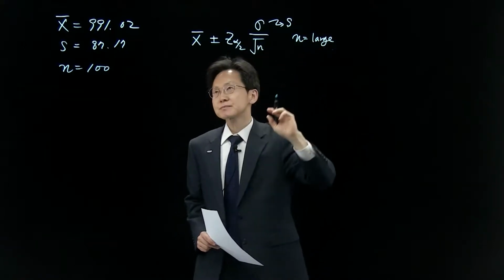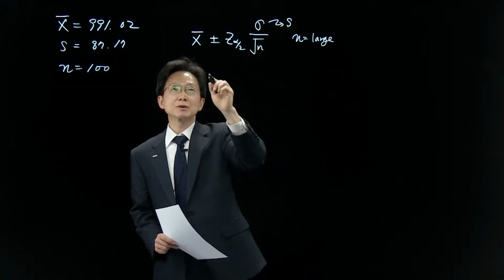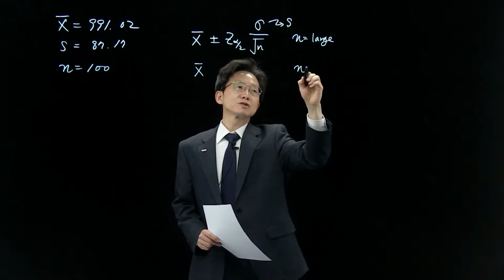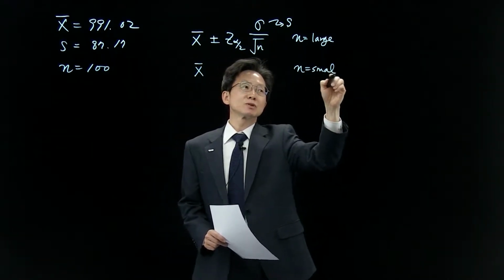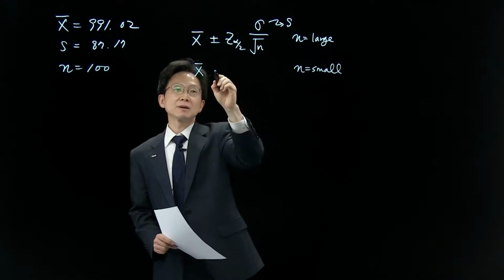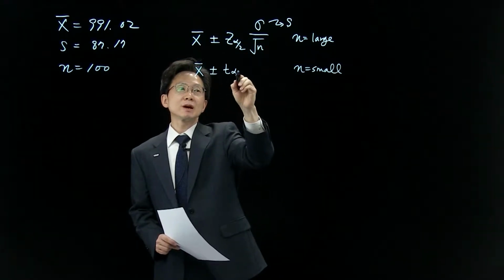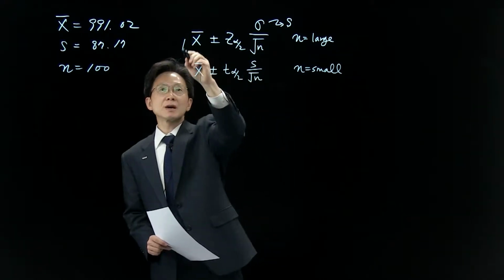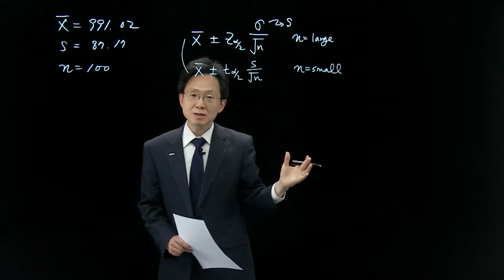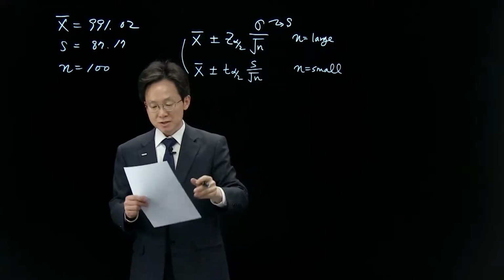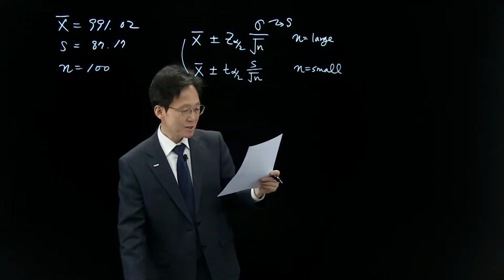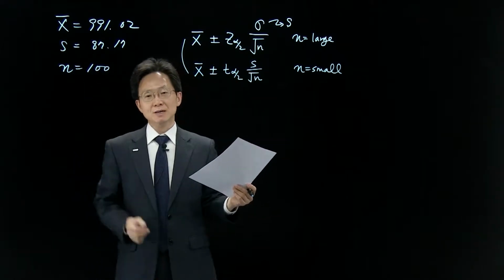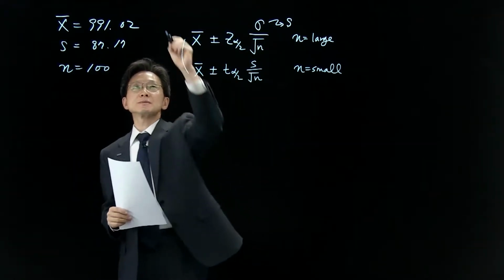That's okay. But the problem occurs when we have a very small sample size. In other words, n is not big enough. If that is the case, we have to use t distribution, and we already practiced how to estimate these t values using Excel. So that's what we did last time. It was confidence interval.